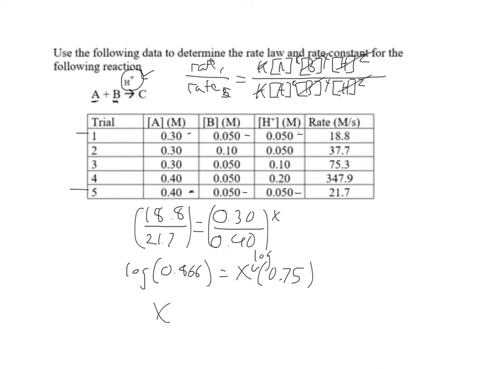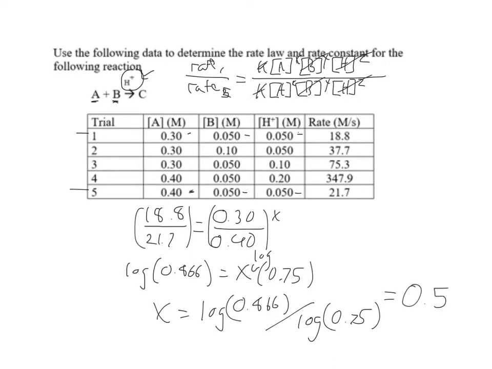So now we'll say that X is equal to the log of 0.866 divided by the log of 0.75. And if you put that in your calculator, you should come up with something like 0.5. So that means that X, the order in A, is equal to 0.5.